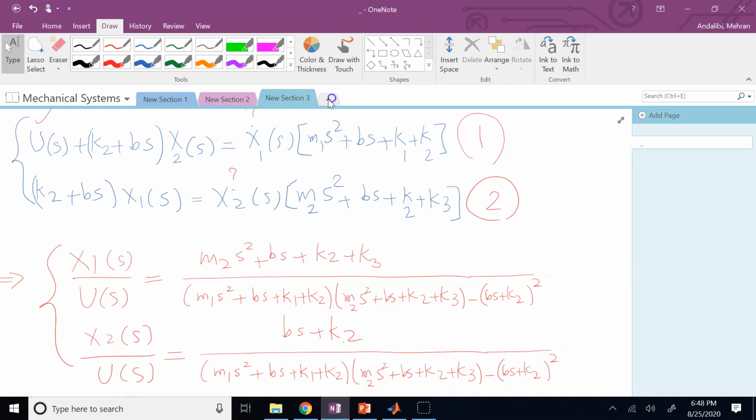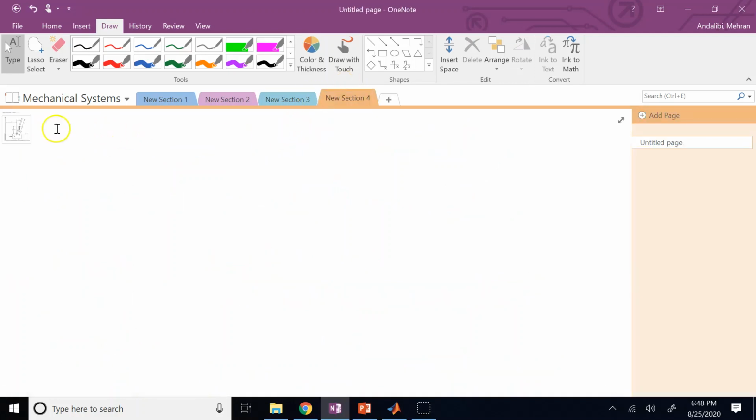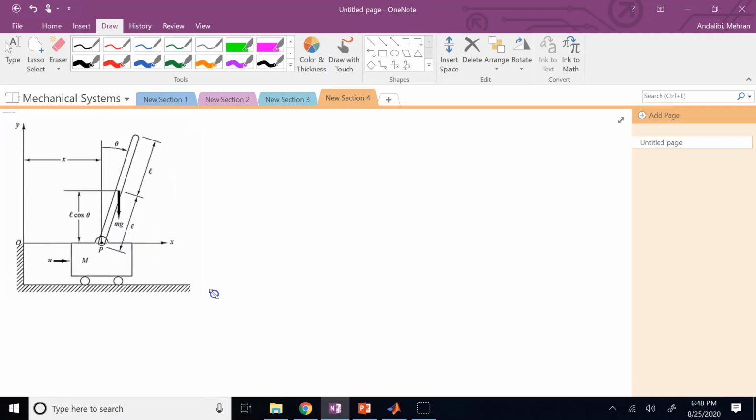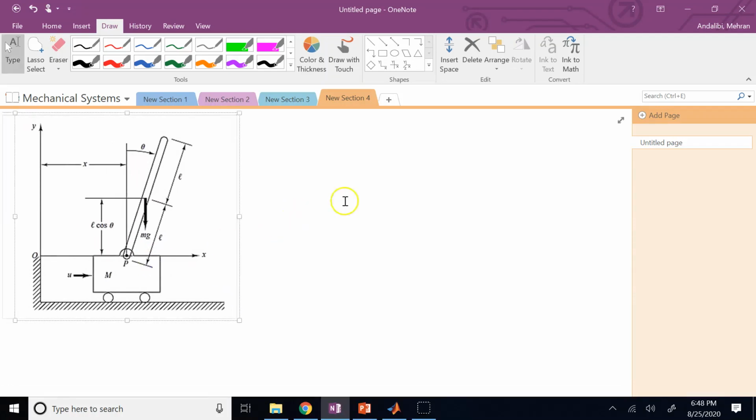The mass of the pendulum is small m, the mass of the cart is capital M, and the cart is rolling on the surface, so we are not gonna basically deal with friction in this case.